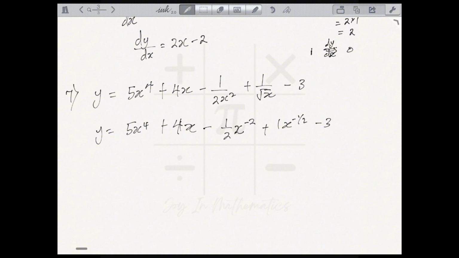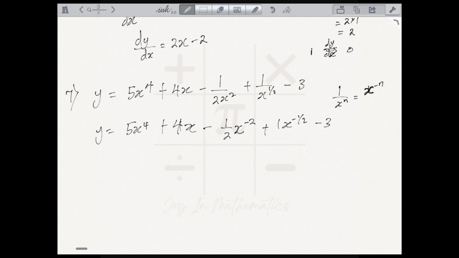Now we apply the principle that 1 over x raised to power n is equal to x raised to power minus n, and root x is the same thing as x raised to power half.